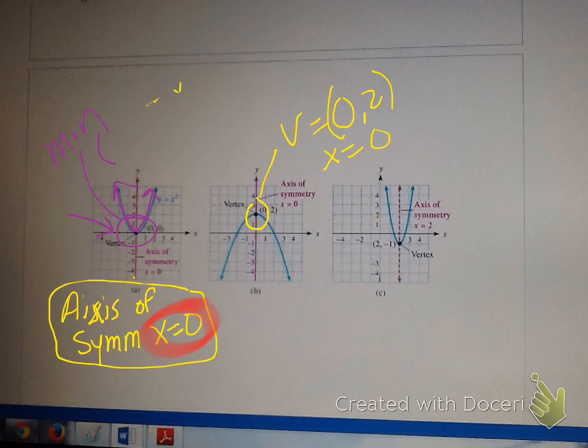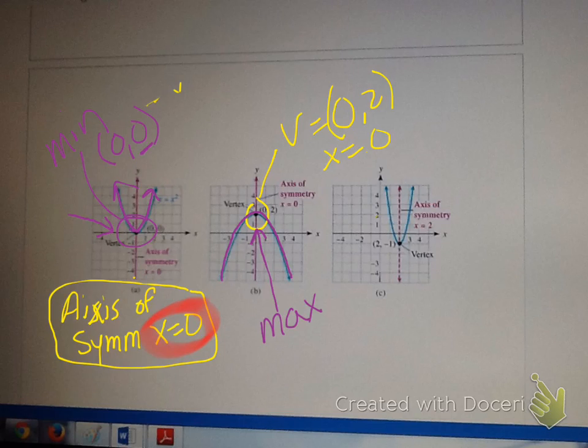The minimum is the point 0, 0. But really what you're looking for is that y coordinate, because the x coordinate can go right and left, but the y is the one that tells you the lowest point. Okay, so on this one, this parabola goes up and over, it faces down, it opens down, so it has a max.